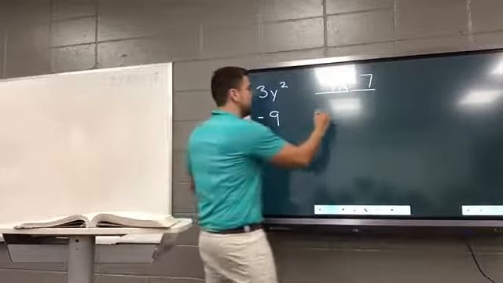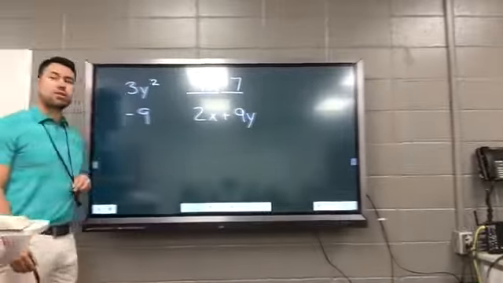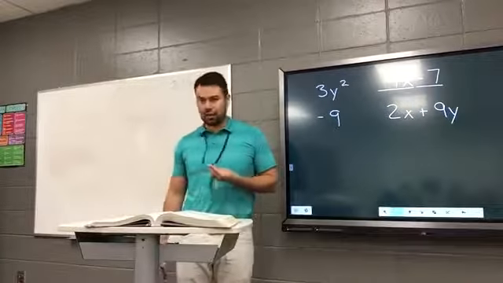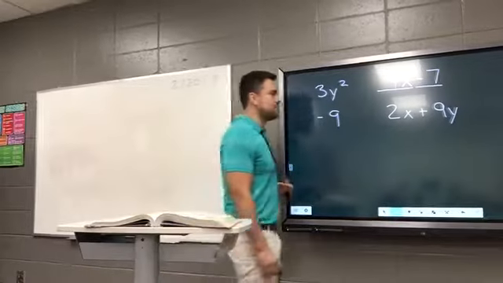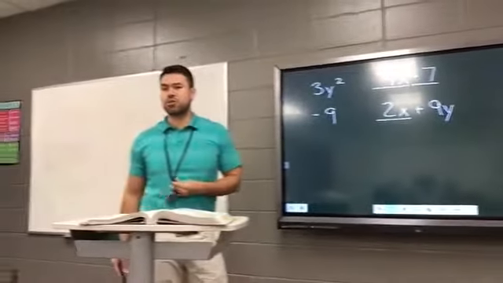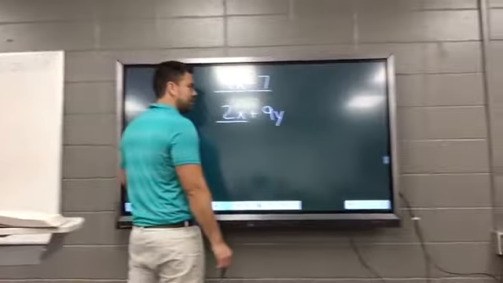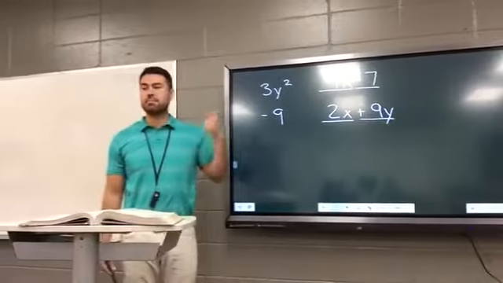All right, 2x plus 9y. Could somebody tell me what the first term is in this binomial? What's the first term? Brian? 2x. Yeah, positive 2x is the first term. Second term, Jackson. Positive 9y. What's going on between 2x and positive 9y?